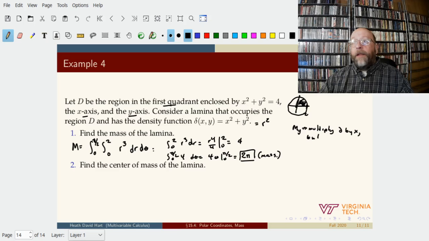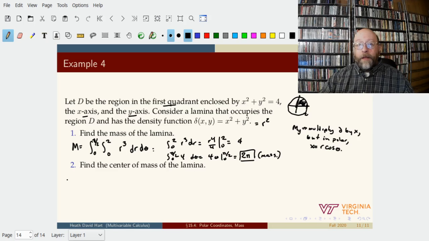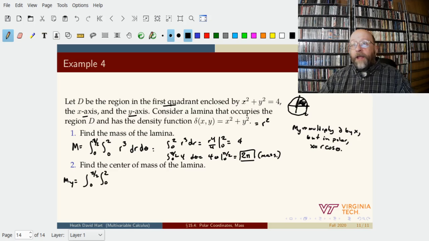But in polar, x is the same thing as r cosine theta. So to find My, we're going to integrate still from 0 to pi over 2 and still from 0 to 2.